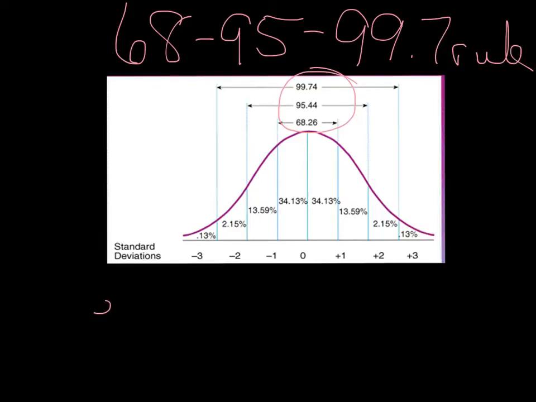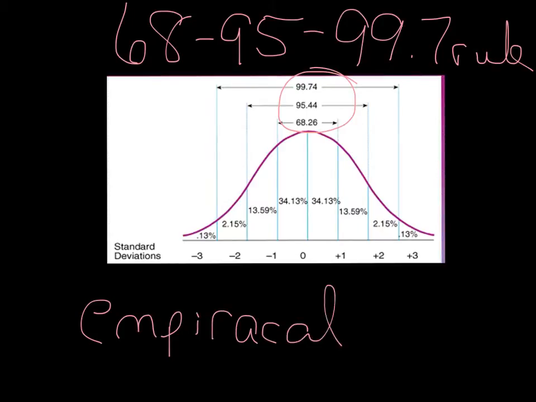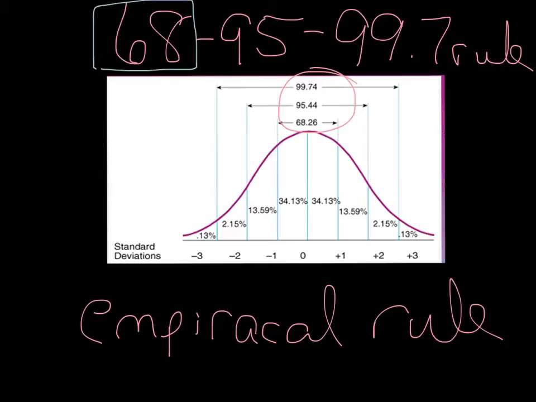It is the empirical rule of normal distributions. And it says that in between 1 and -1 standard deviations, so in other words, from here to here, 68% of the data can be found.